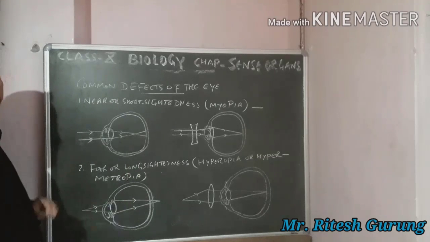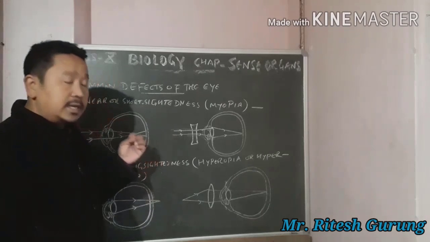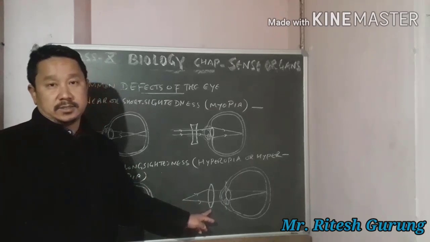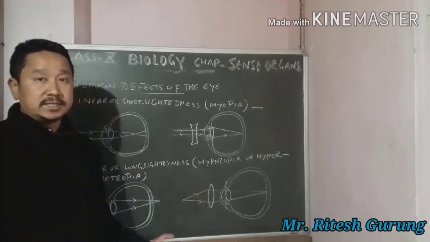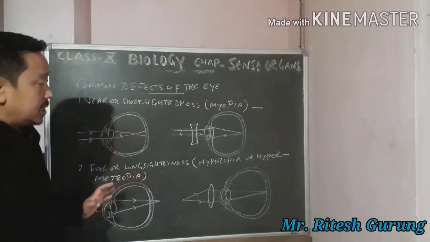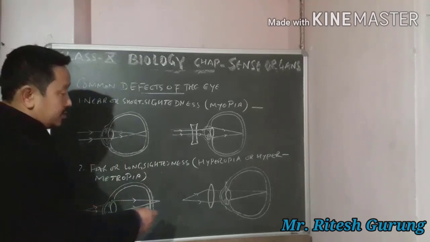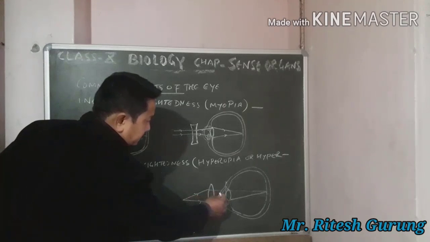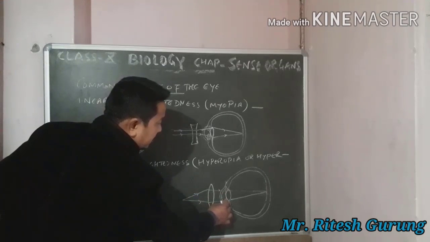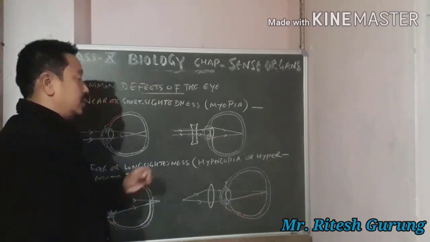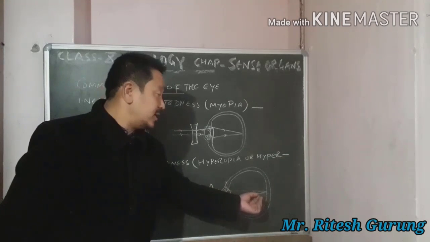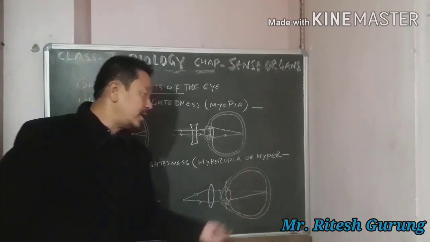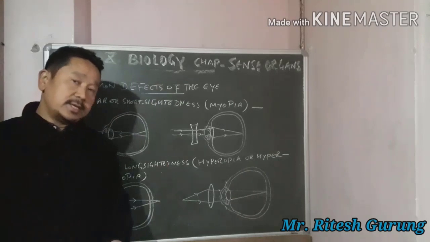In order to correct that problem we need to wear a convex lens. Once we wear a convex lens, the light rays coming from the object will be converged like this, and the image is formed on the retina. That way this problem can also be corrected.